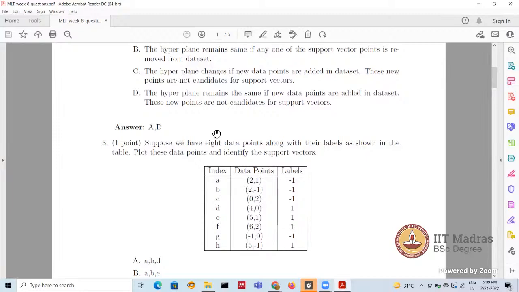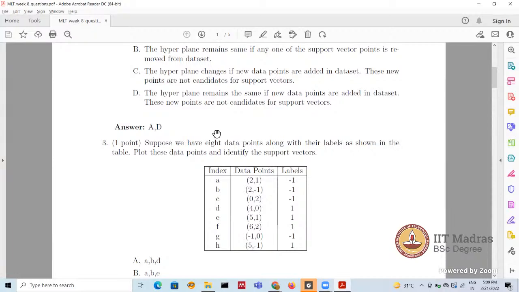You have an xy coordinate system, with x as x1 and y as x2. So for 2, 1, you plot a point, and for 2, -1, you plot a point. You have two different markers for two different labels: for -1, you plot a 0, and for +1, you plot a plus symbol.